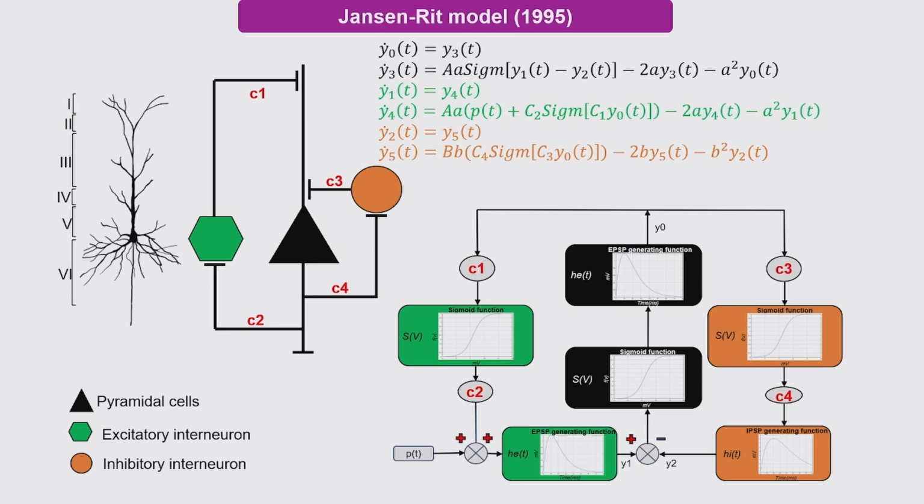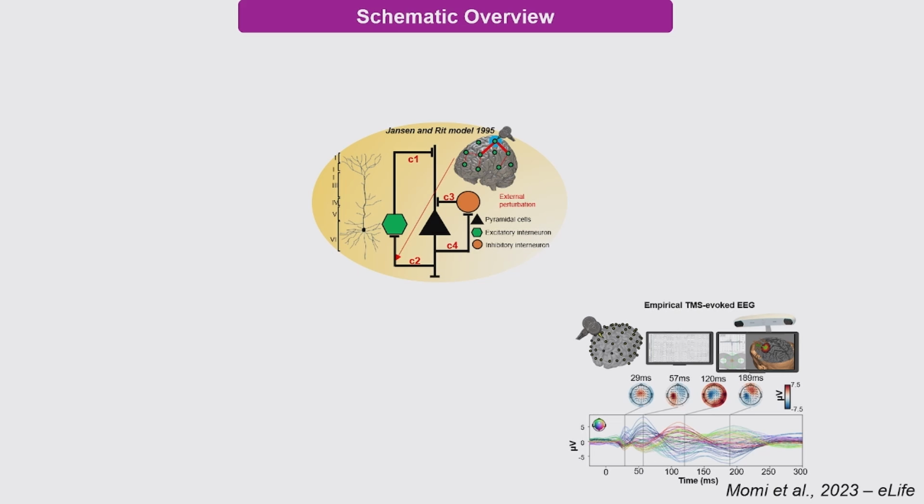a computational model. Again, I'm not going to spend too much time on this model, you saw it already. It's the Jansen-Rit model, where the mu, in this case, which is P(t), is the external input; we vary that and inject the input in a specific area to mimic the TMS. That's the only difference compared to what you saw this morning in the resting-state scenario. So we have this model.